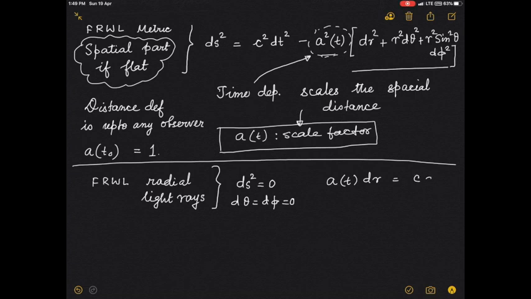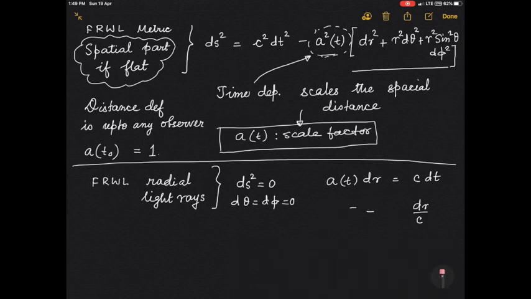This essentially means that A(t) dr is nothing but c dt. And if I want to calculate the time difference just like before, I now cannot integrate over just dt. I have 1 by A(t) times dt.